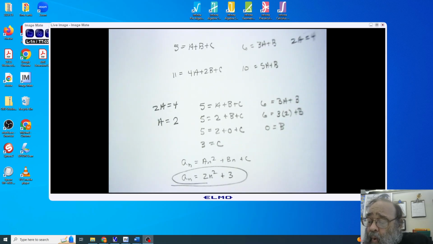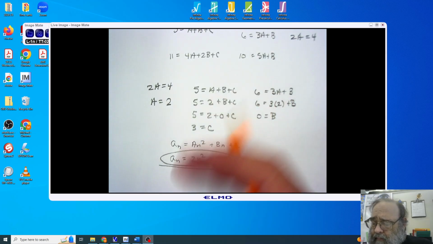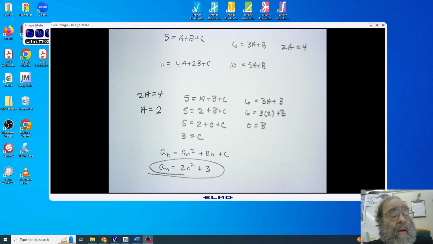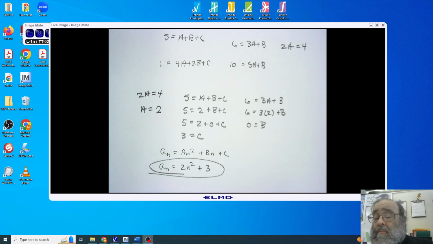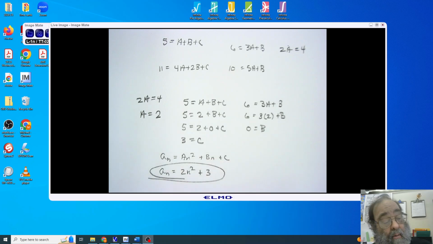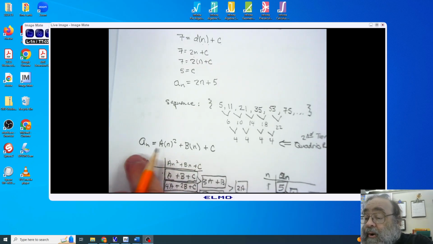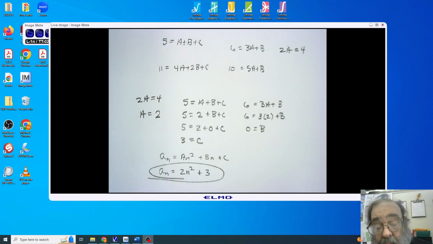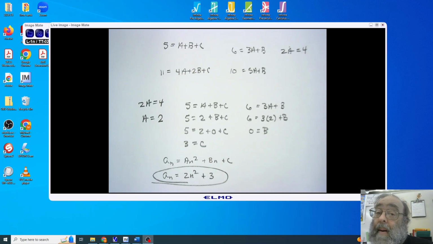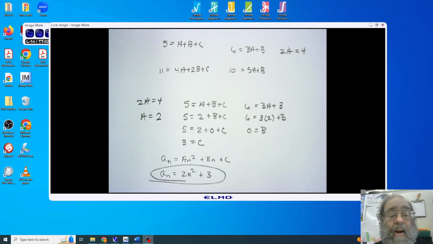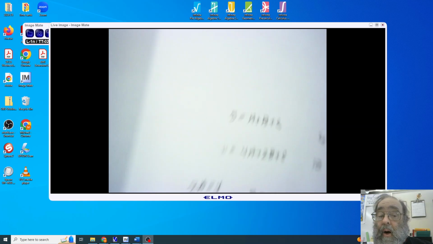Now, be aware, this is how we try to identify rules. And they could be linear, they could be quadratic, or they could be exponential, or they could be a combination of multiples. And we have to be very, very careful about that. All right?